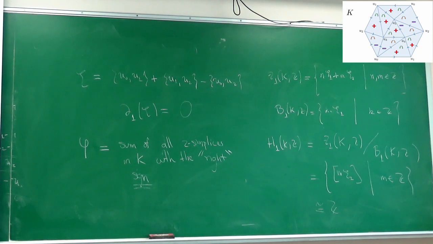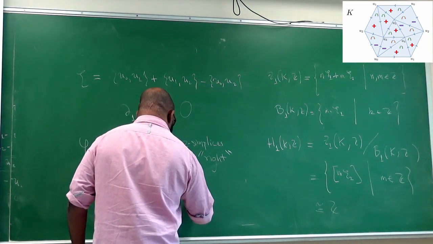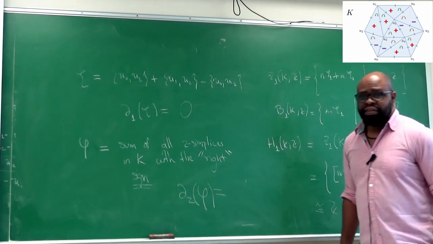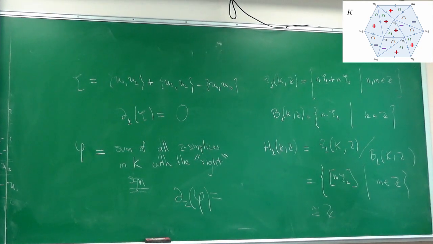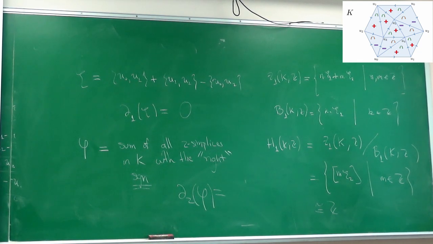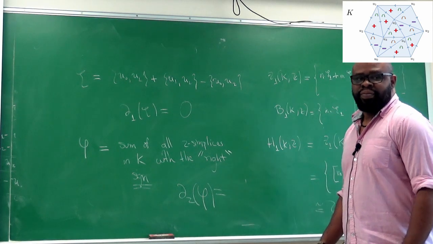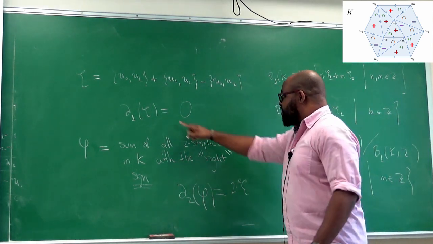The right sign that I just put here. So here's a question for the audience. When I compute the boundary of these two chains, what do I get? Should be 0, right? No, it's not 0. Isn't it? It's actually 2 times this guy.